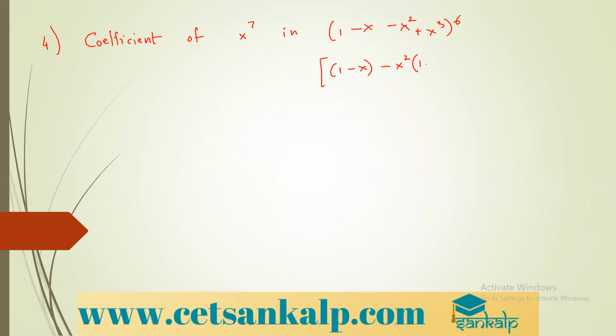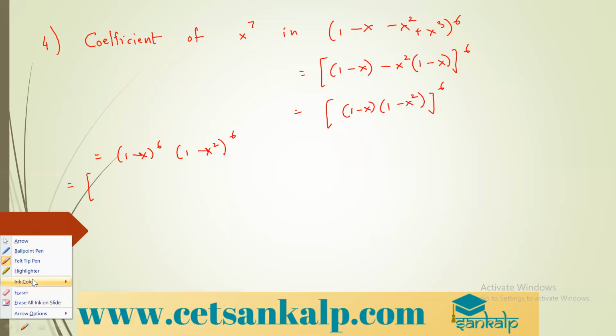So I will have 1 minus x whole power 6, which again I will pull out 1 minus x. So I will have 1 minus x square whole power 6. That means the given expression I will have as 1 minus x whole power 6, 1 minus x square whole power 6. I will expand both of them.